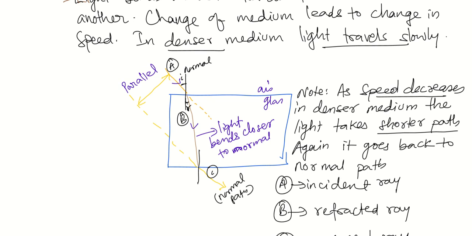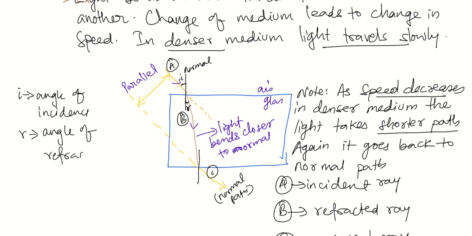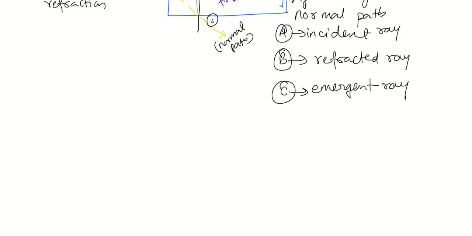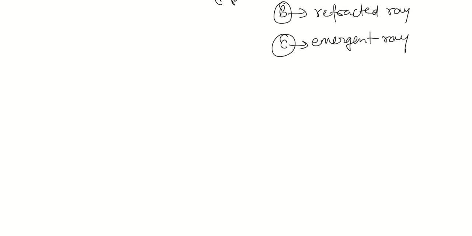So I is your angle of incidence, R is your angle of refraction.